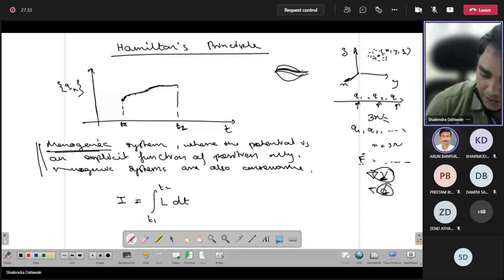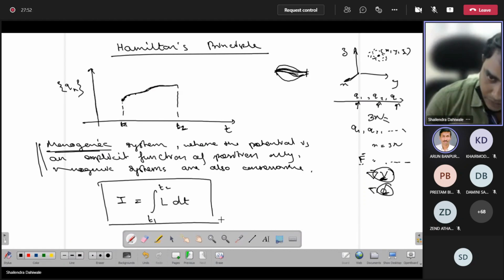This is basically the principle of Hamilton, which comes from the calculus of variations. This is the basic definition.